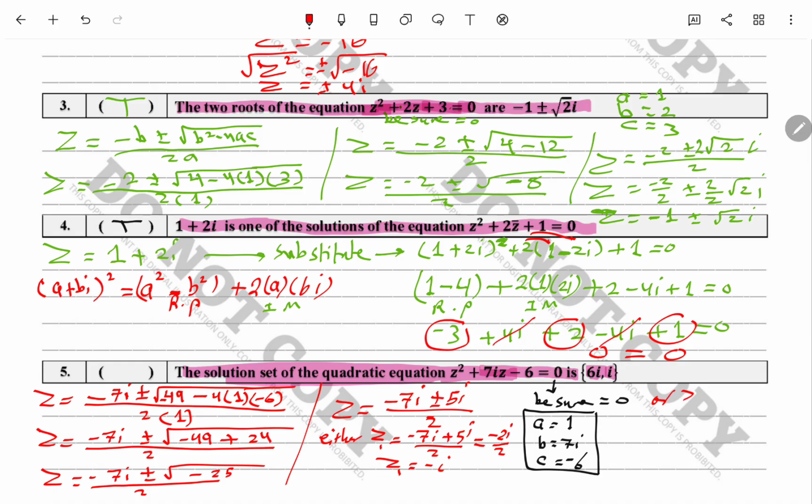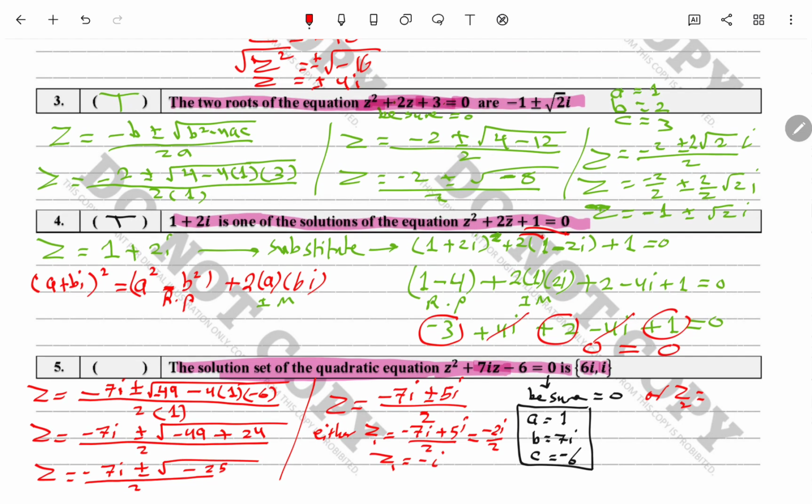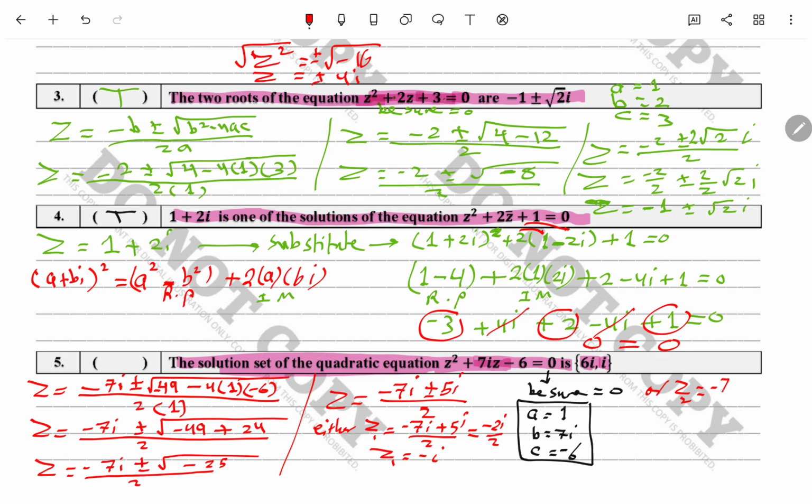Or z2 will be negative 7i minus 5i, divided by 2. They have the same sign, so add them and keep the negative, making negative 12i divided by 2. So z2 equals negative 6i.